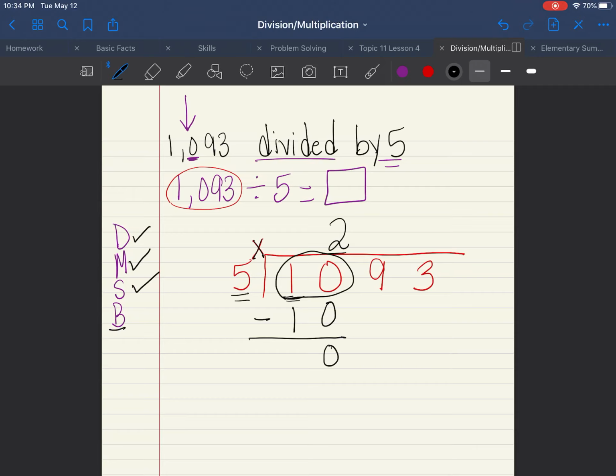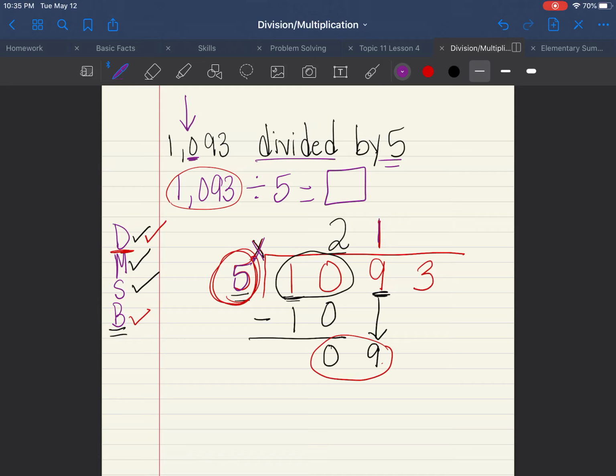So now we're going to multiply. 5 times 2 equals 10. Write it down. Subtract. 10 minus 10 equals 0. Bring down. The next number to bring down would be the 9. So now we have 9. And we're going to go back to dividing. How many times can the 5 go inside 9?